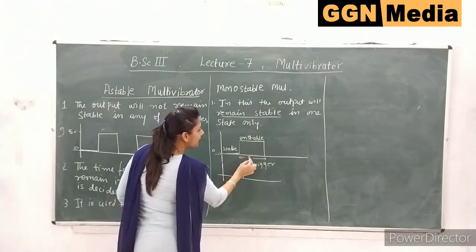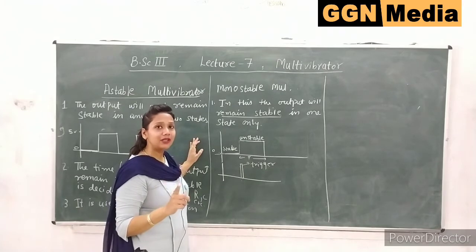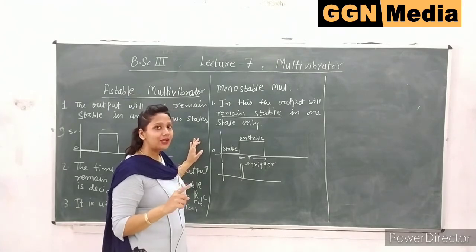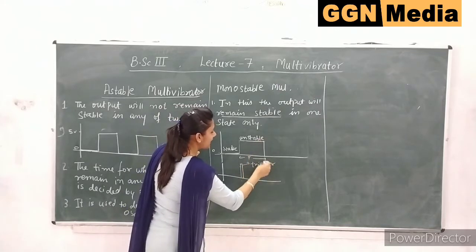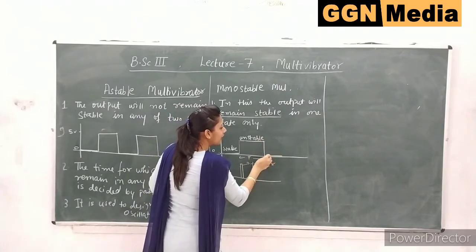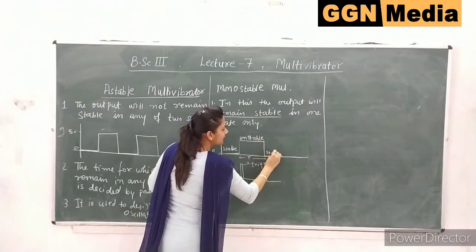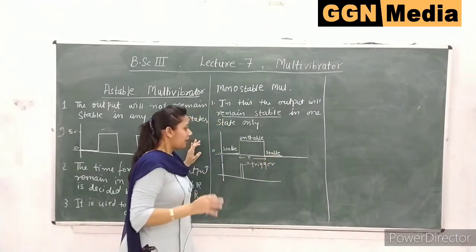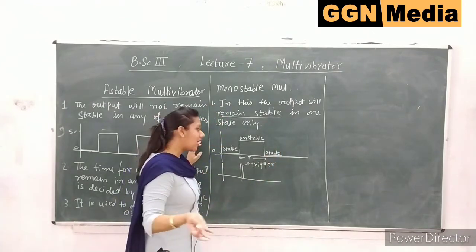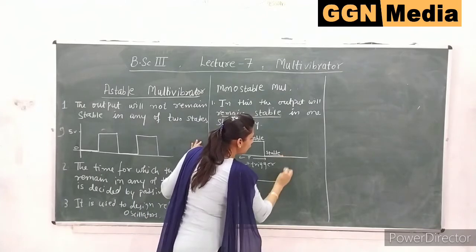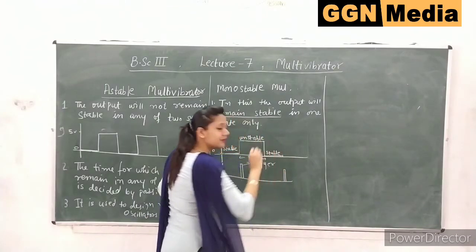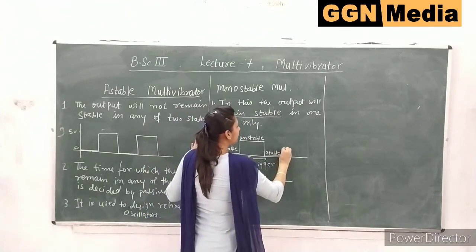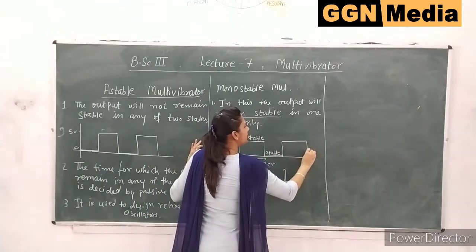So this capital T, this time period, will be decided by passive elements, resistors, capacitors, etc. So after this time, the multivibrator again goes to the stable state. Clear? Now from stable to unstable, again we have to apply some trigger. This is trigger signal. Then it will again go to unstable state.